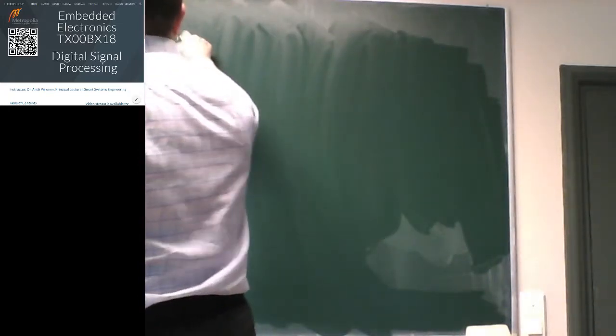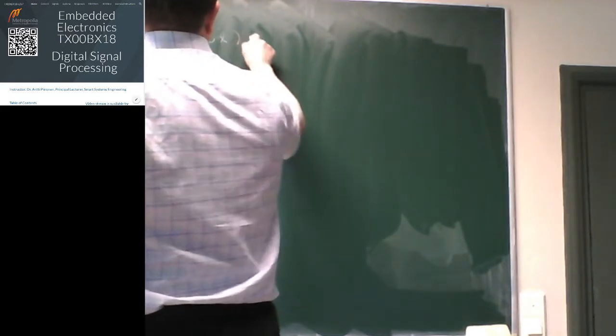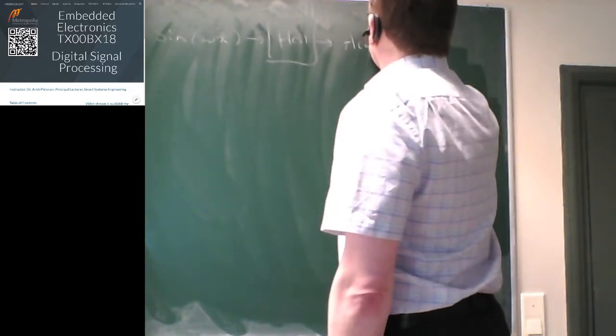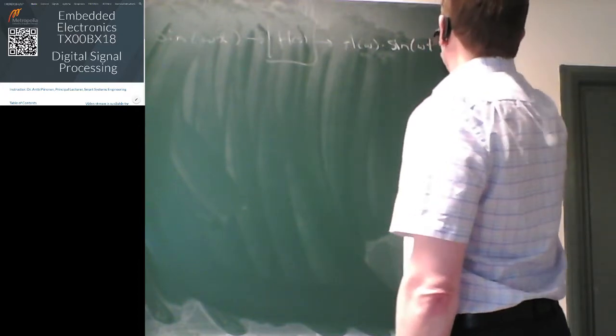All right. So then the phase response. Phase response is probably easier if I explain it in the continuous time domain. So if we have a sine omega t going into any analog system, what we get out is the amplitude response at that frequency times sine of omega t minus the phase shift.